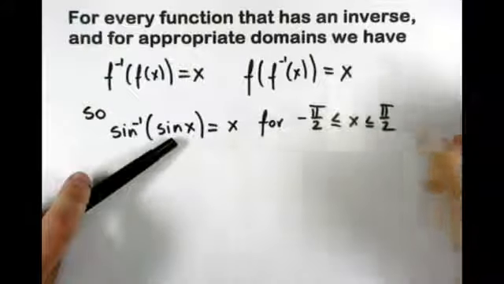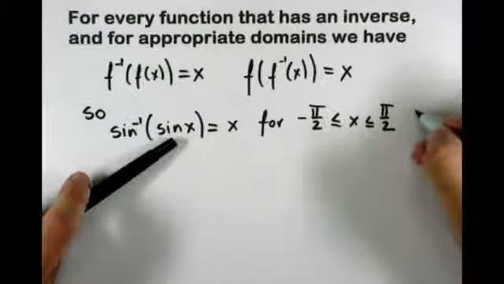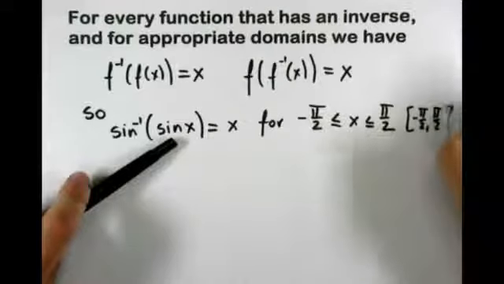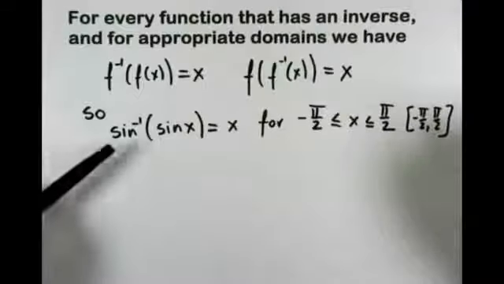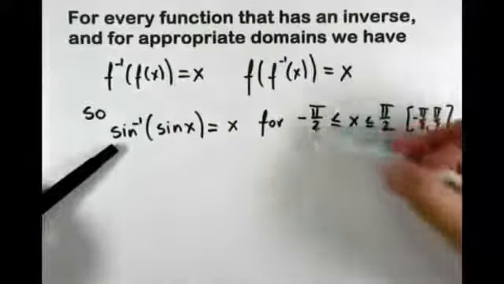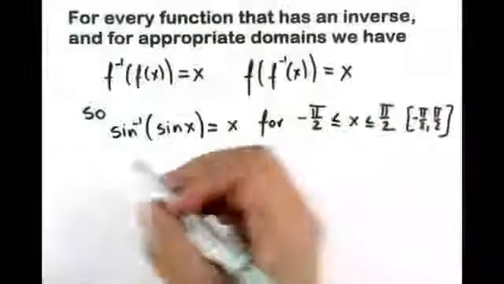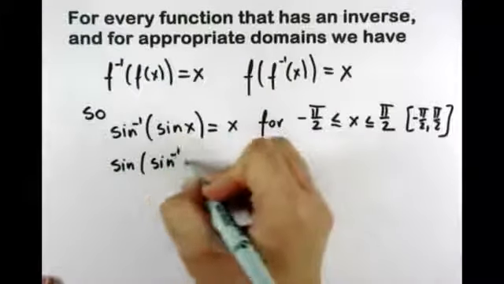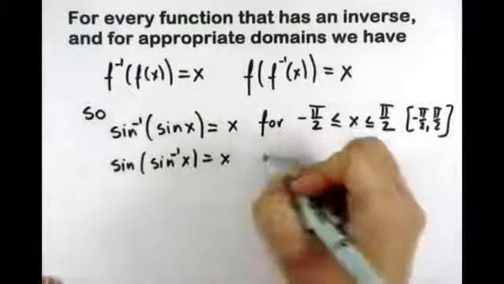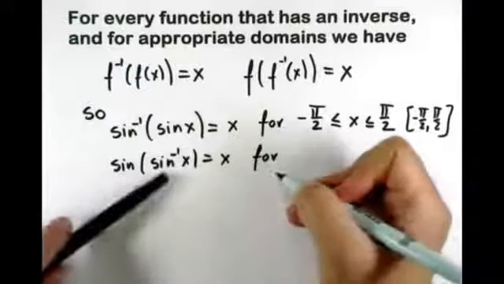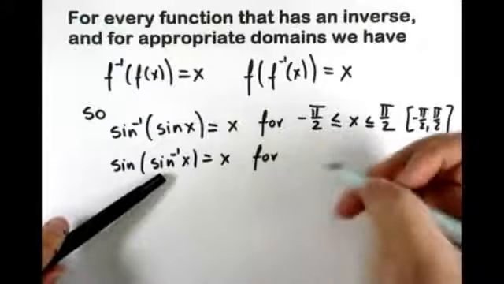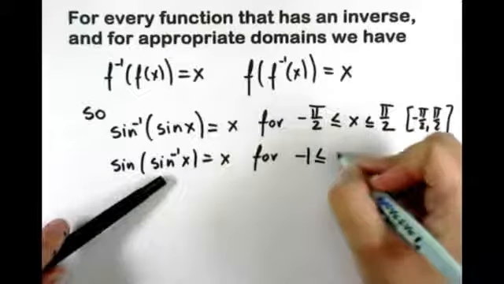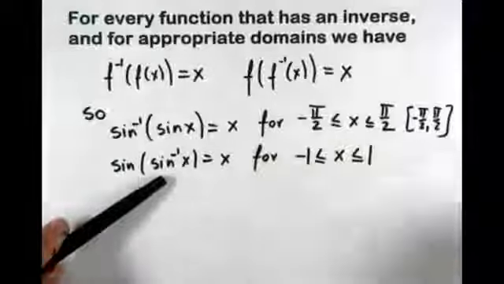That was my domain for the inverse. You can think that this is minus pi over 2 to pi over 2. Okay, so the cancellation formula works for those x's. And the same way we have sine of sine inverse would be just x for the domain of the function inside. So the domain of the inverse is from minus 1 to 1, x between minus 1 and 1.